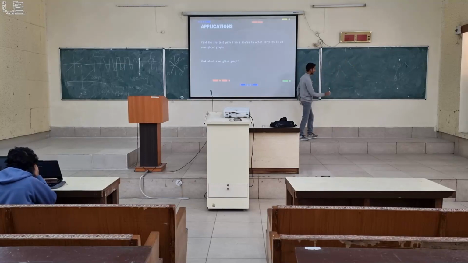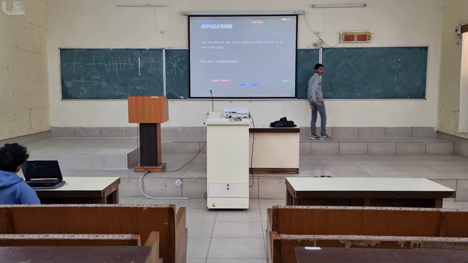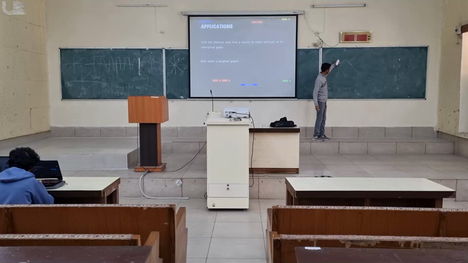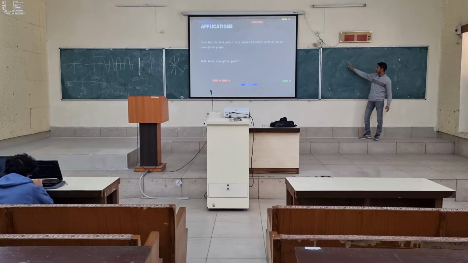What I mean by that is like this edge and this edge are identical in terms of weight. Like if we say some priority of this edge and this edge, it will be the same. We won't say that this edge has more priority than this edge.